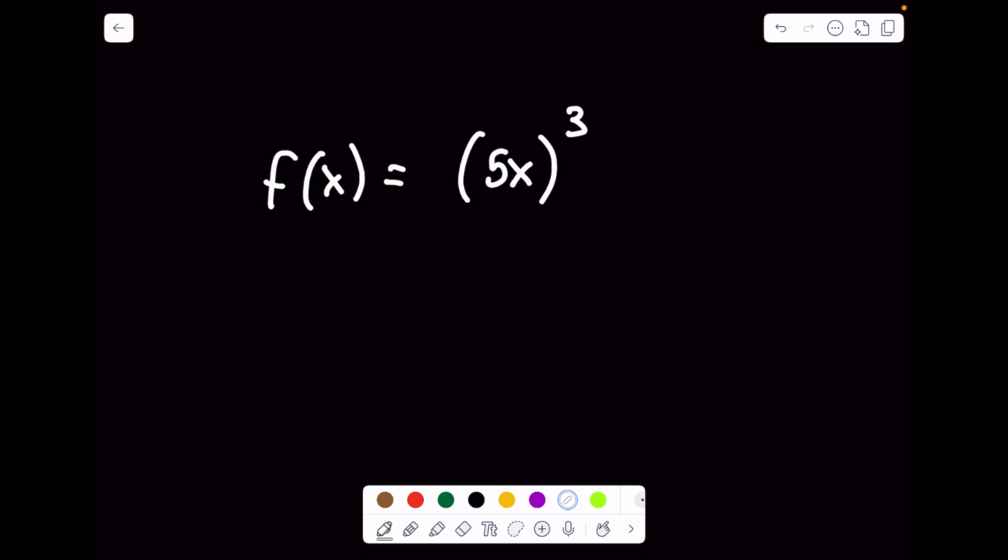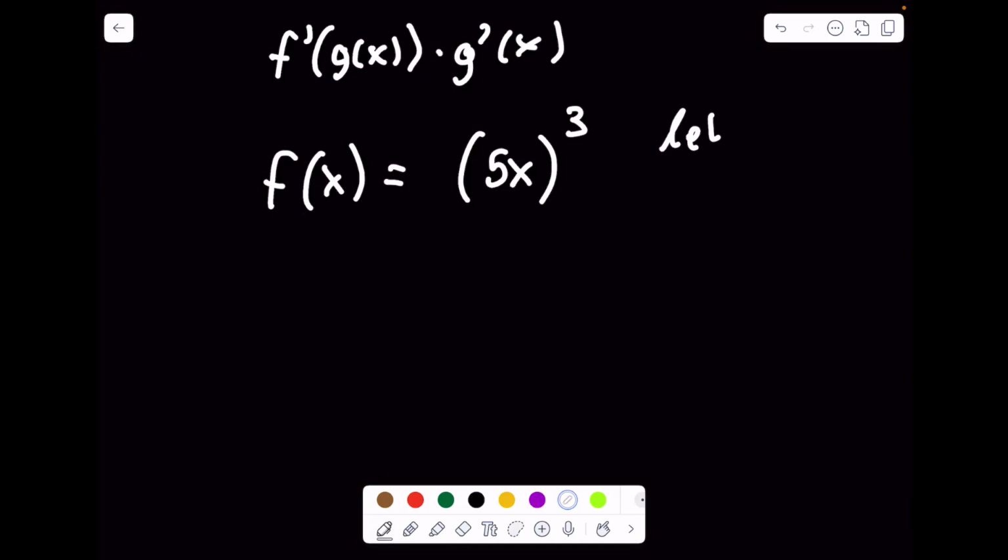I'll rewrite the general formula up here for using the chain rule. We've identified g of x and f of x. The first thing to do is take the derivative of f of x with g of x unmodified as the argument of the function. To make this simpler, let 5x equal u.